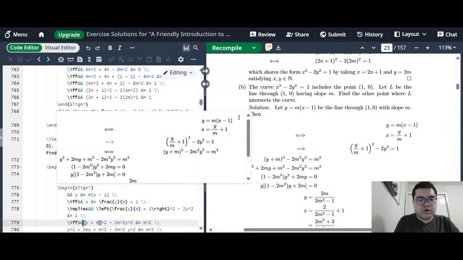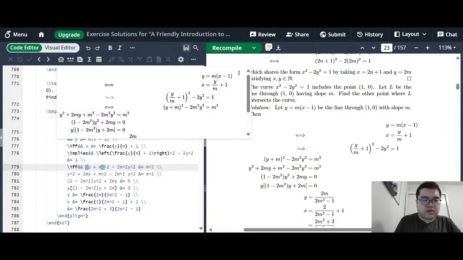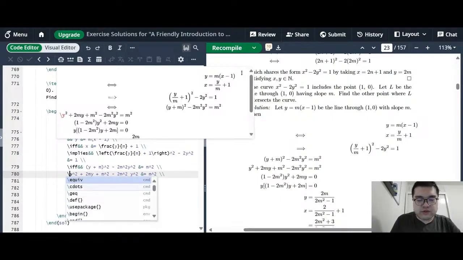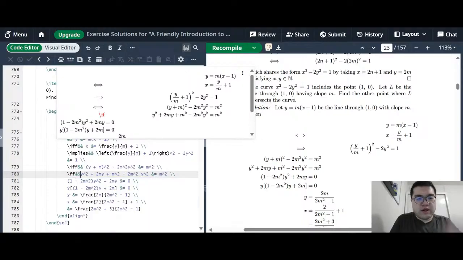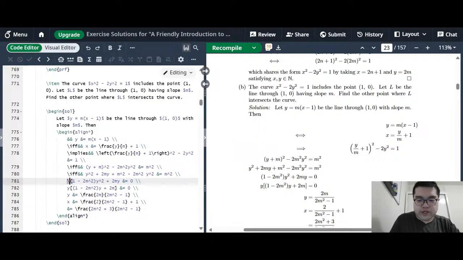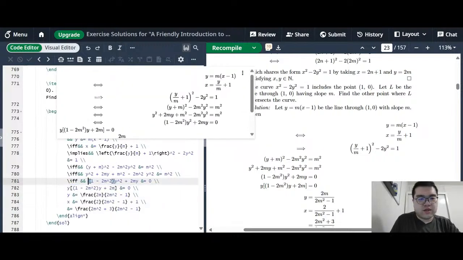There's a lot of algebra here, but we're not going to skip the algebra in between, otherwise it might be hard to follow. So we get something like this.